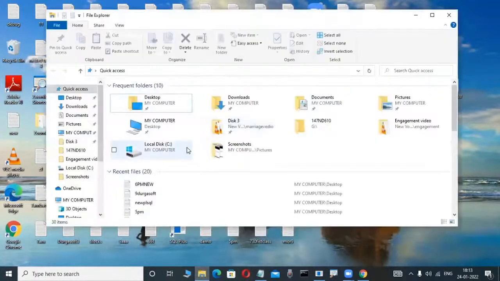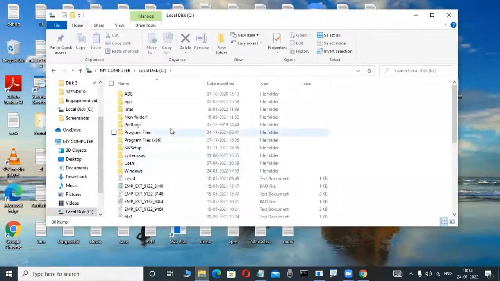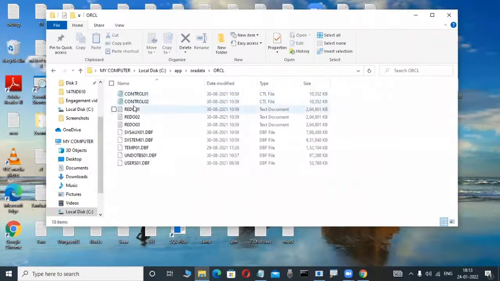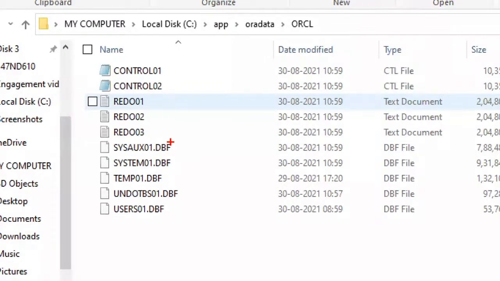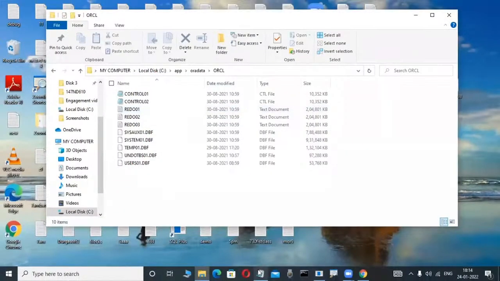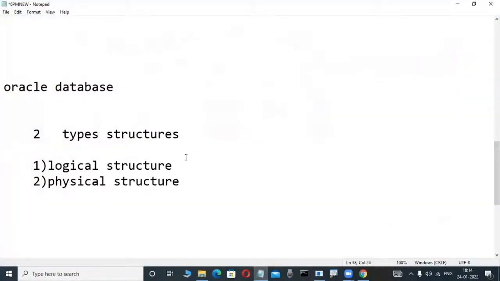I'm installing Oracle, how to install it we will learn in next classes, don't worry, at one of the stages in the C drive or somewhere. In this C drive, your table is not available. Whatever table I'm creating, that is not visible in the C drive or D drive. That's why a logical structure means a structure which is not visible in the operating system.